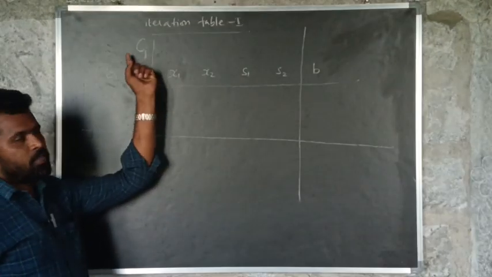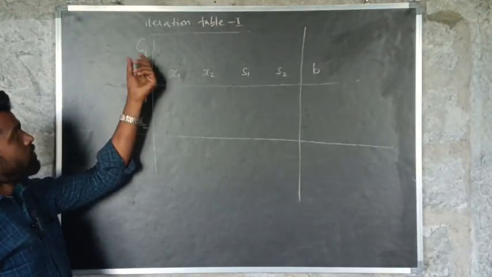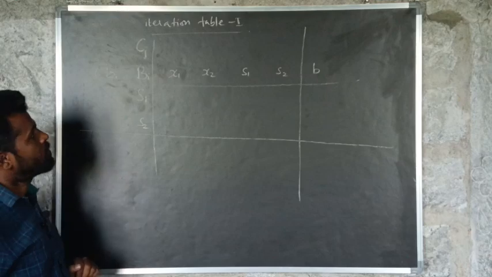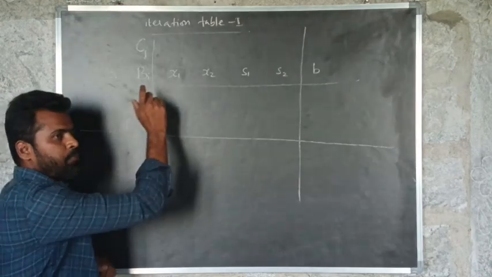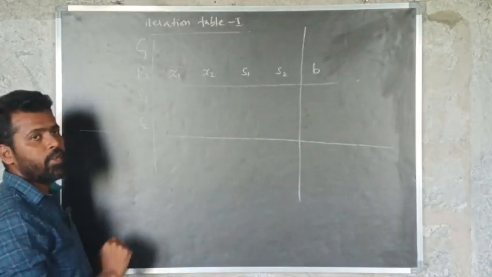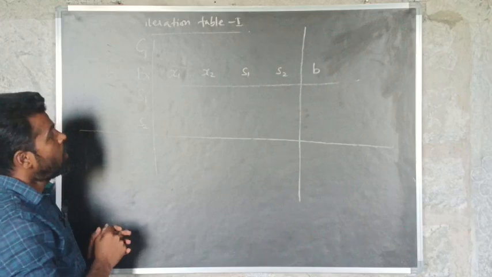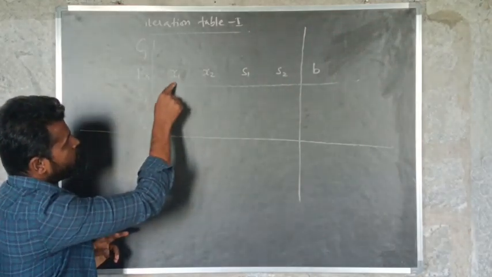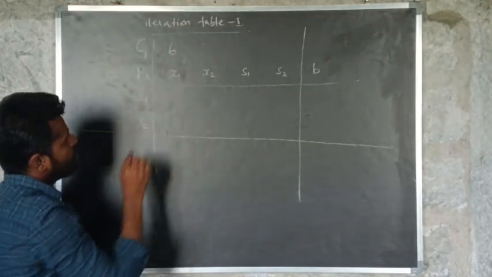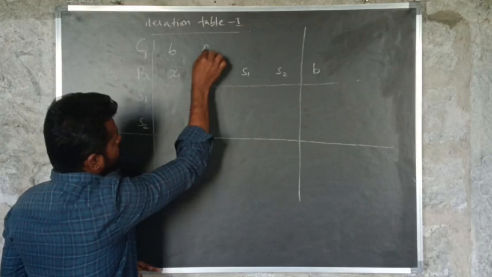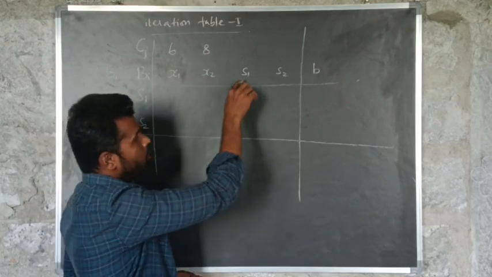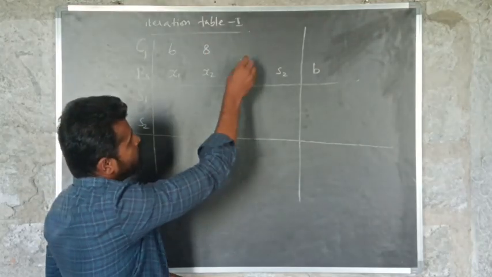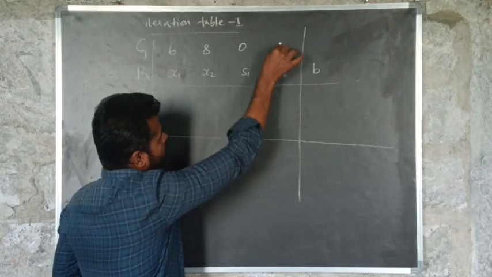Now, corresponding to the Cj, which is the coefficient of the objective function, the coefficient of x1 is 6 and the coefficient of x2 is 8. In the objective function, after converting to standard form, the s1 coefficient is 0 and the s2 coefficient is 0.